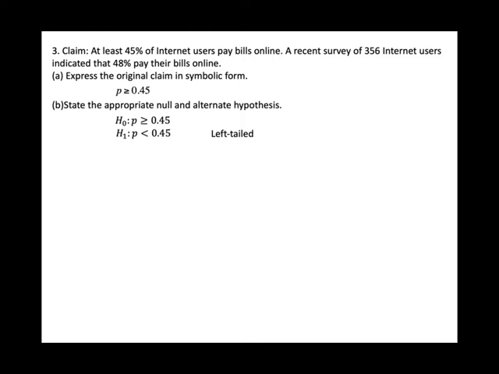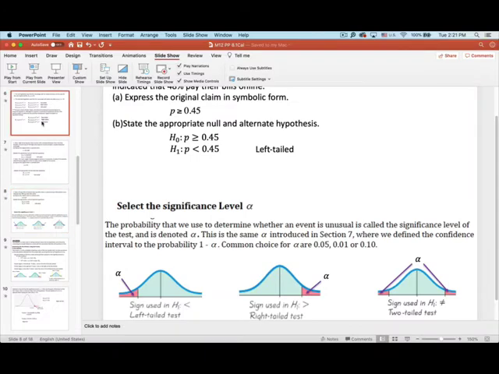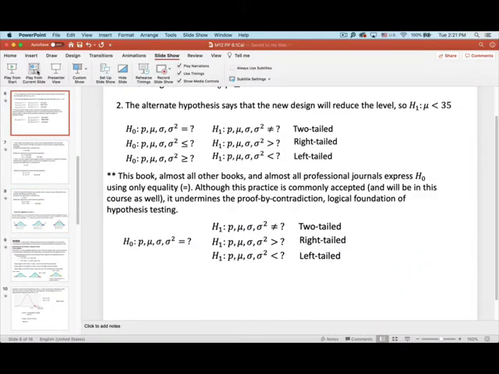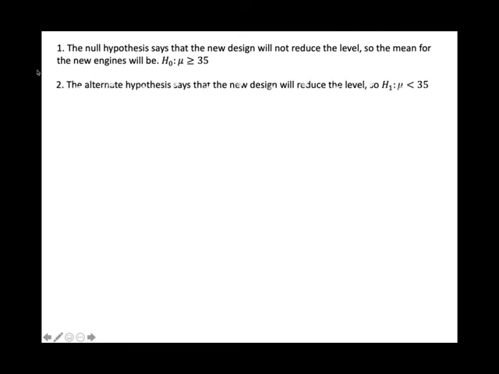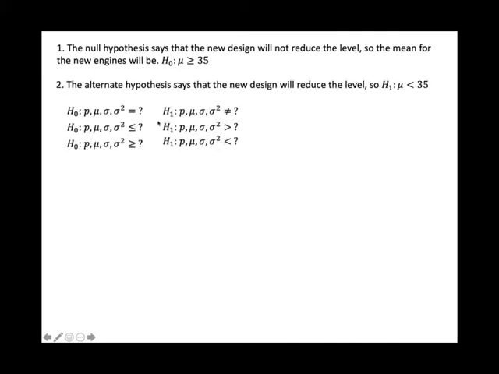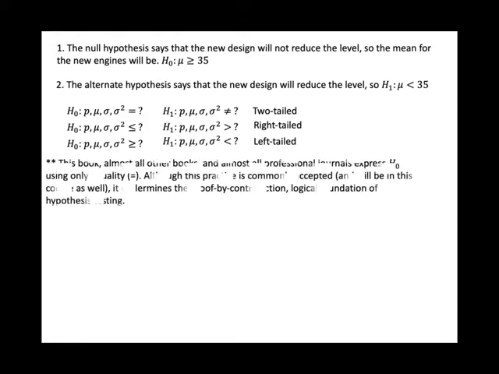Okay, now you know how to write down the null and alternate hypothesis, and let's go back. Look at this slide. I just taught you what the null and alternate hypothesis are, with the null hypothesis having these features and the alternate hypothesis having those features. And we finished examples 1, 2, 3 here. Now I want you to highlight this passage here.